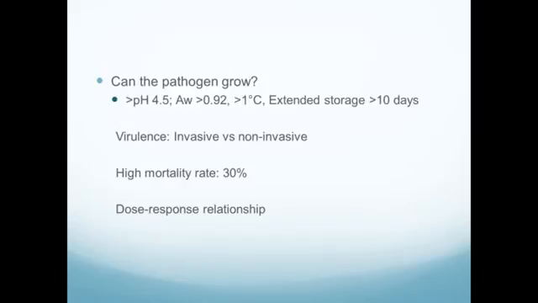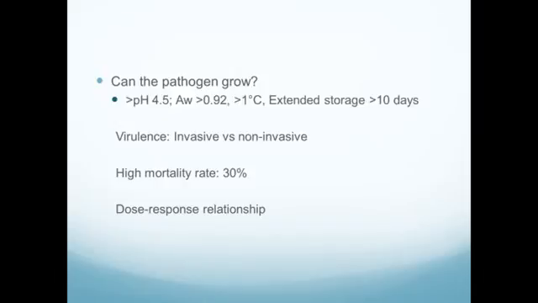So in terms of virulence, we do have two broad subdivisions of Listeria monocytogenes, one being invasive and the other being non-invasive. The invasive ones lead to listeriosis, which are very virulent, and non-invasive are the ones that give you gastroenteritis. Now, you could, for example, say, well, let's just consider the invasive ones, but really, all Listeria monocytogenes are treated the same way.